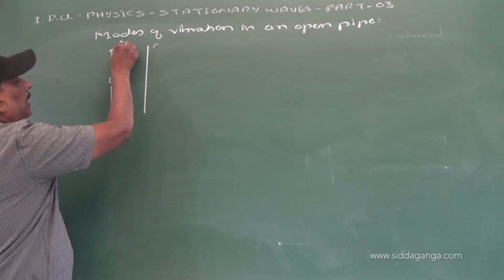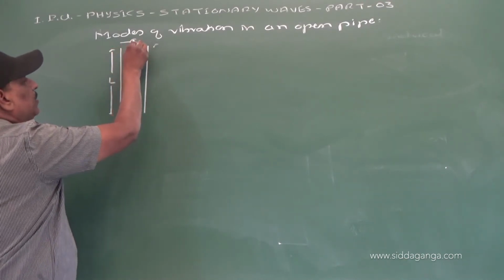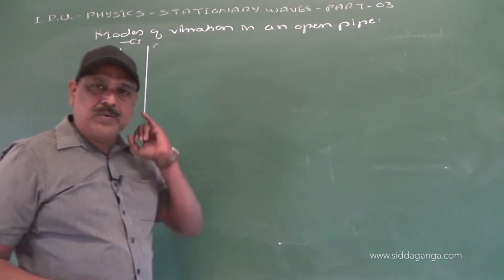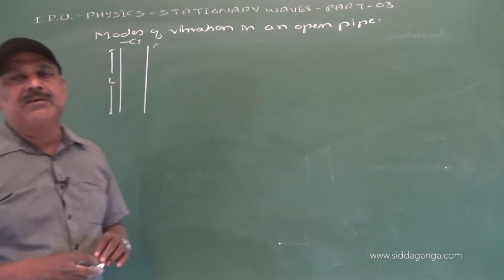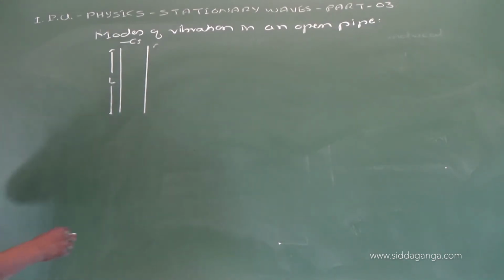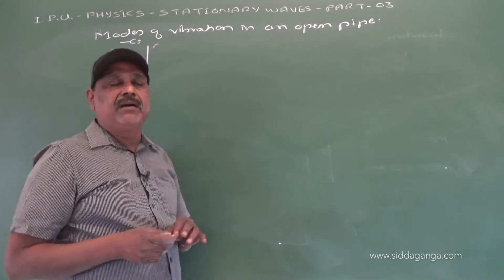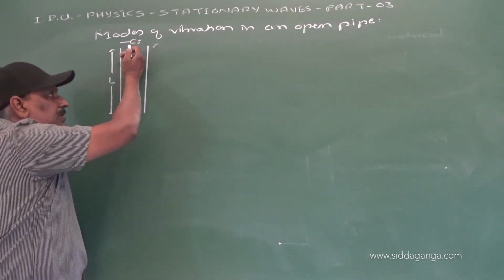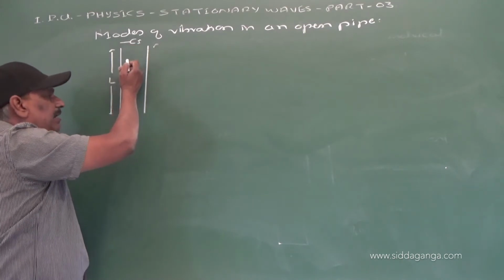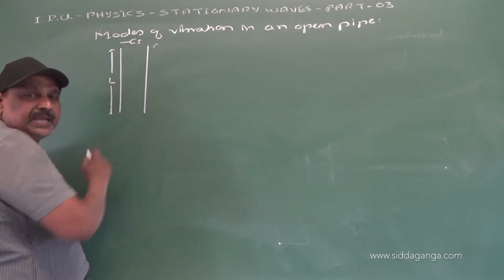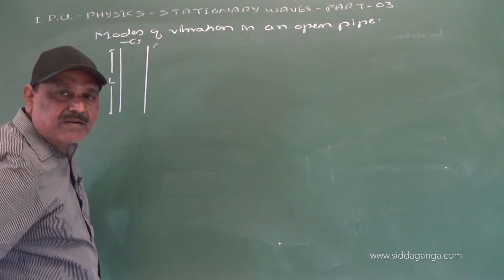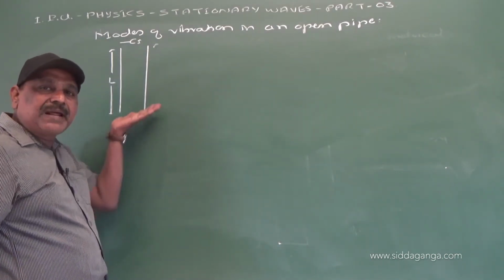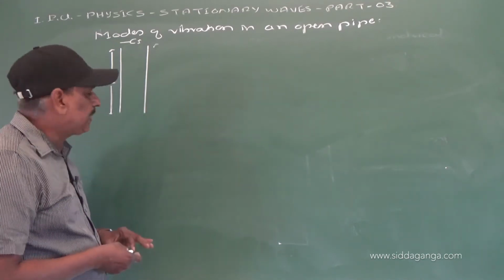When a vibrating tuning fork is held at one of the open ends of the pipe, longitudinal sound waves propagate along the length of the pipe in the form of alternate compressions and rarefactions and get reflected from the other end, right?